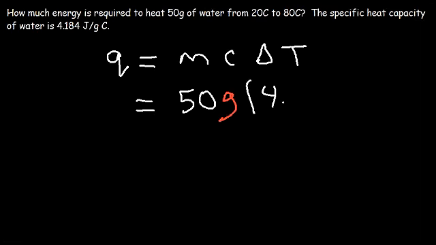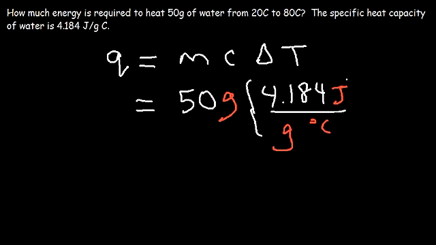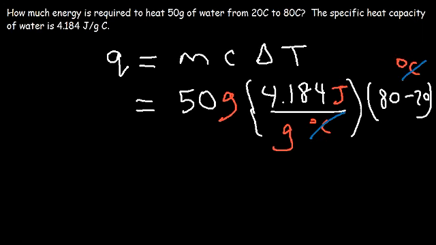The heat capacity is 4.184 joules per gram per Celsius. And the temperature change is 80 minus 20, and the unit is degrees Celsius. So the answer is going to be in joules.